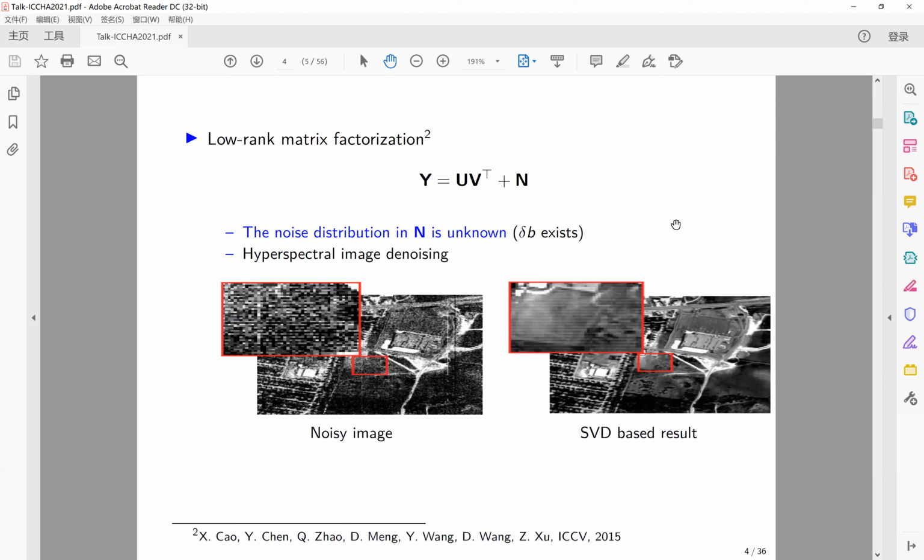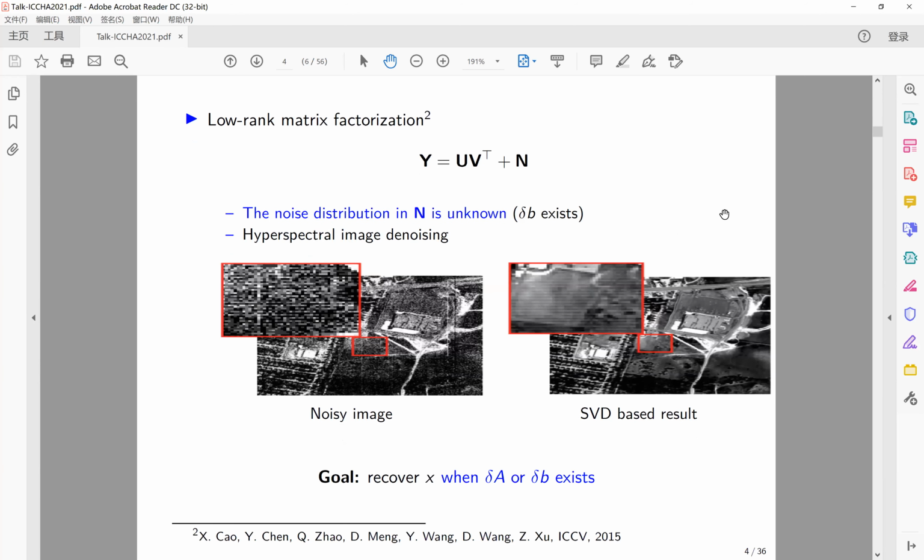In fact, if we apply the SVD operation to the observation, we implicitly assume that the noise is Gaussian. However, in applications, we will see many artifacts if we do the SVD decomposition. So we have to consider these errors when we want to restore the clean image.